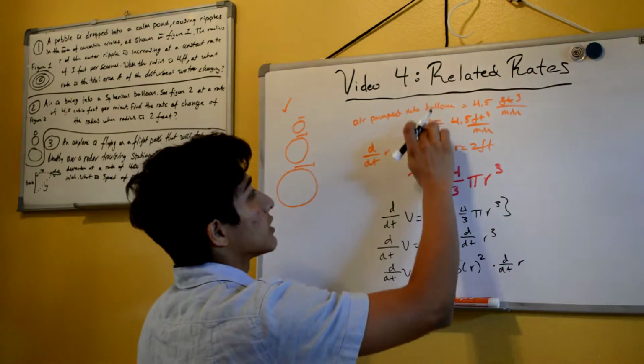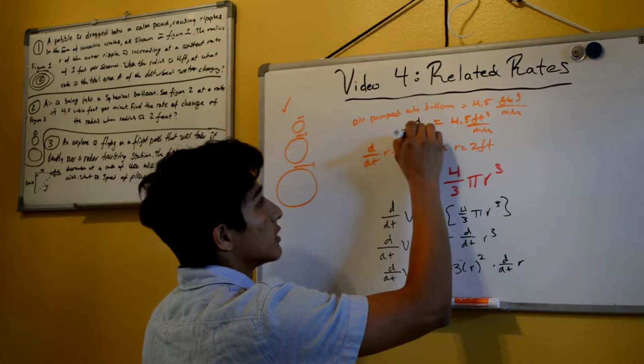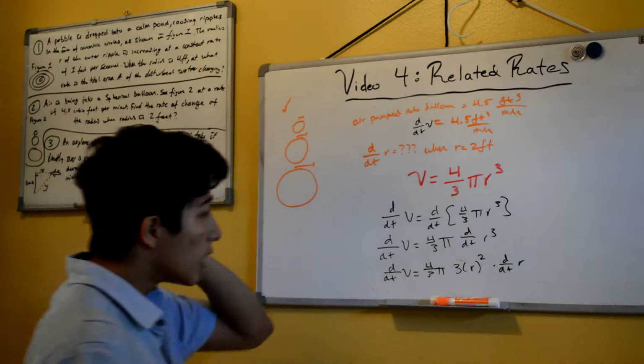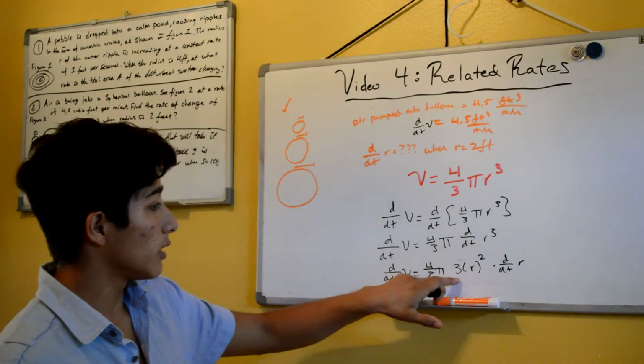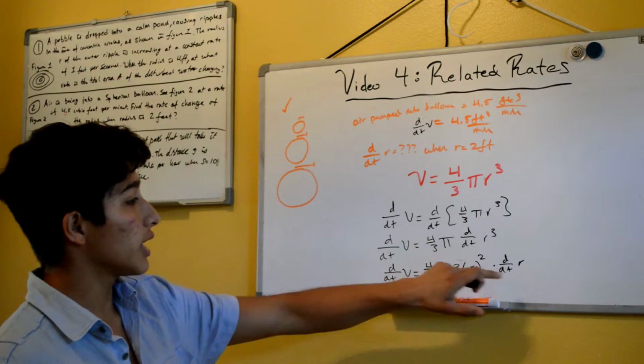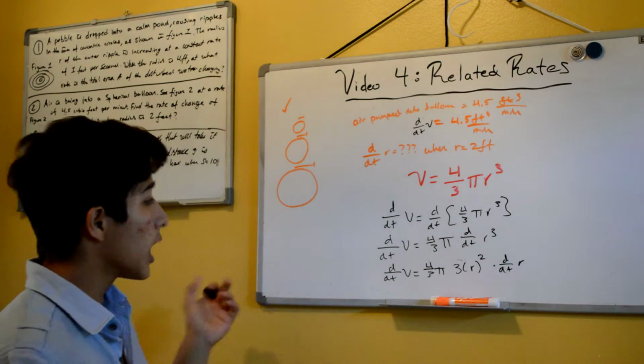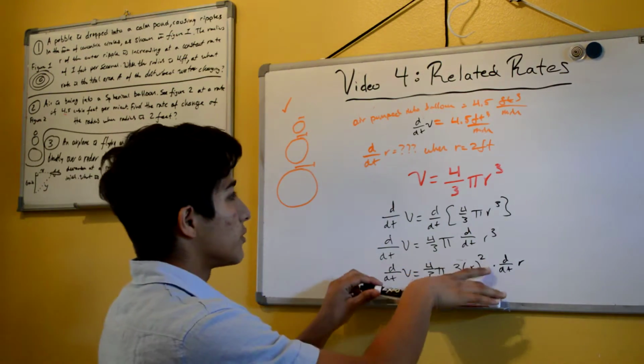Yes, here it's telling us the d/dt of the volume. 4/3 pi, 3, they give us r, check, and we're trying to find that, perfect. Now all you do is just plug in the numbers, simple.